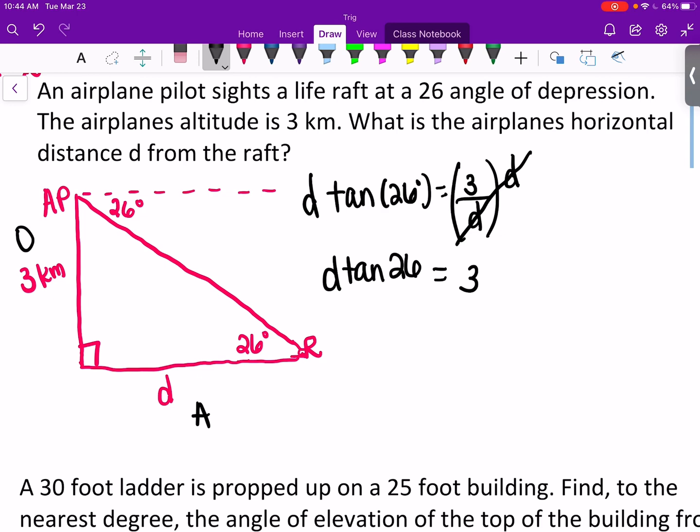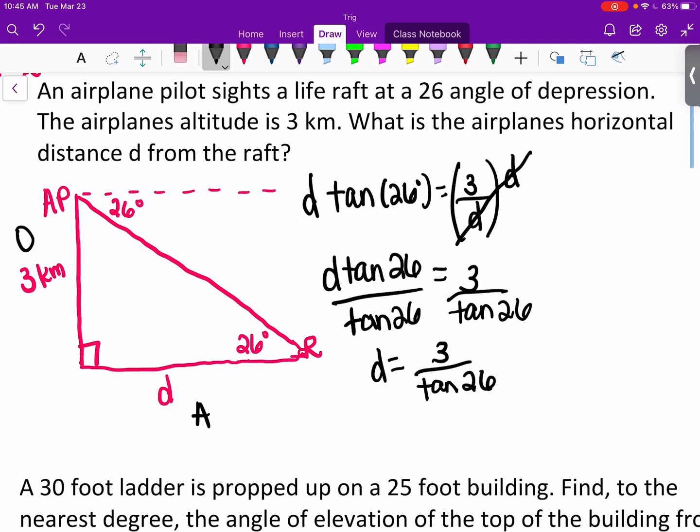Now to solve for D, I need to divide by the tangent of 26 on both sides. So D is equal to 3 divided by tangent of 26 degrees. And if you type that into your calculator, you should get approximately 6.2 kilometers.